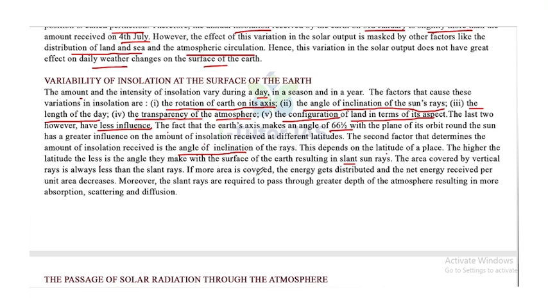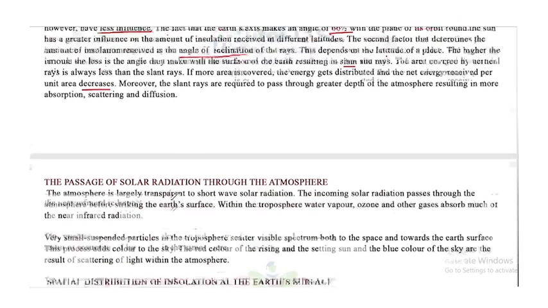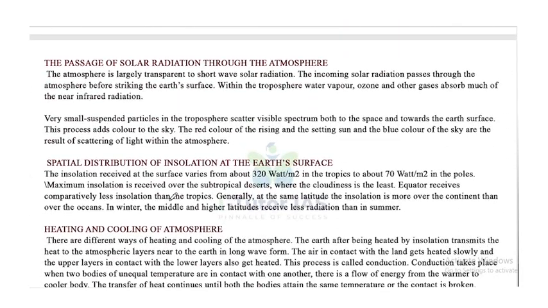If more area is covered, the energy gets distributed and the net energy received per unit area decreases. Moreover, the slant rays are required to pass through greater depth of the atmosphere, resulting in more absorption, scattering and diffusion.